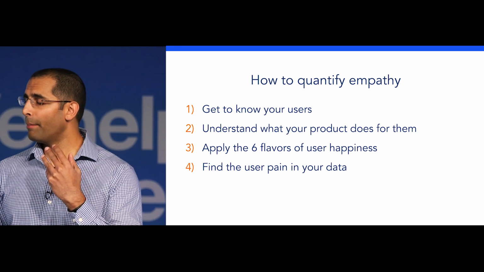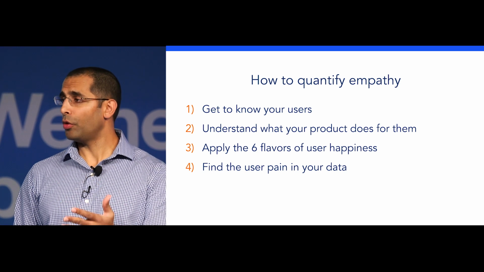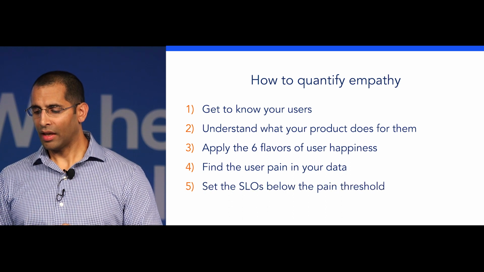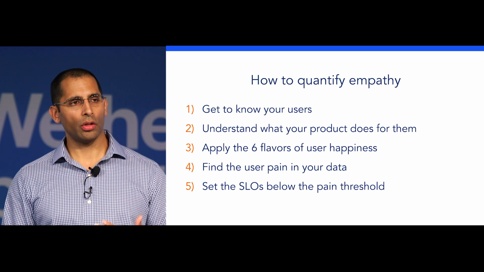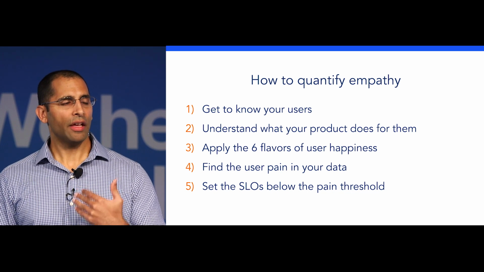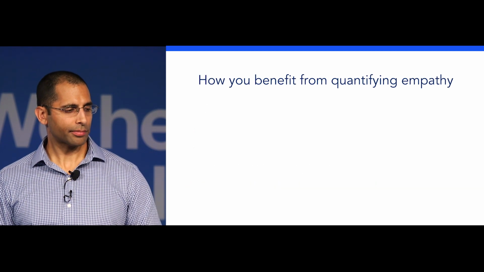Find the S-curve that models your product, not my product, not Quake's product, not Tenfold's product. Look in your data to find your S-curve. And then set your SLOs below the pain threshold so that you are jumping into action before your users feel pain so that you can give the user experience they deserve.